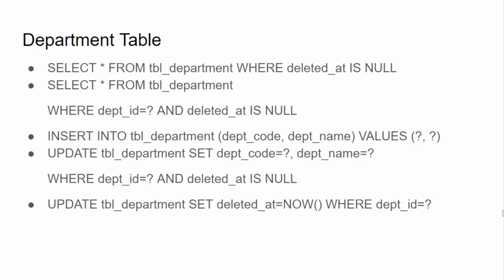That's why it's null. And then we got the select all from table department where dep ID is equal to whatever the dep ID is, and deleted at is null. So the same implementation.